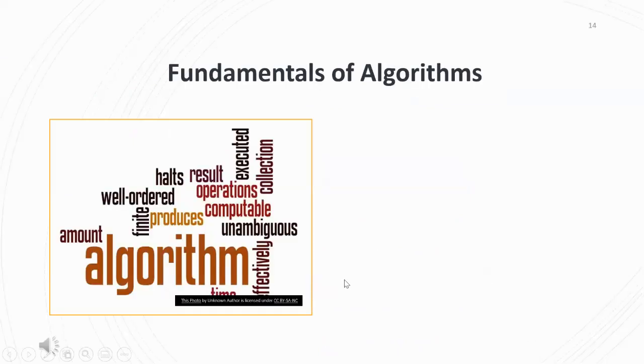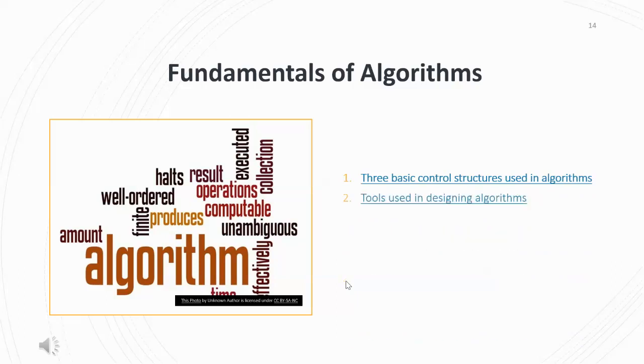In this section, I will discuss three basic control structures used in algorithms, tools used in designing algorithms, data types and data structures used in algorithms, and some basic algorithms.